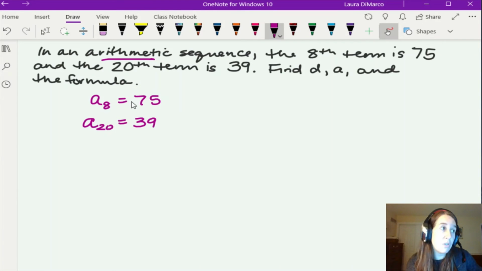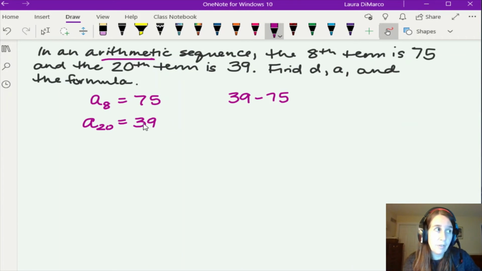Okay? Oh, so look, this d must be negative because our number is getting smaller as the terms go up. Okay? So you might notice that we're going to have to do 39 minus 75, right, to see what the difference is between the two numbers. And then we're going to need to divide that by how many d's.